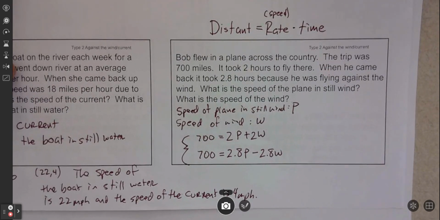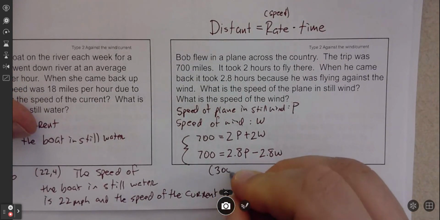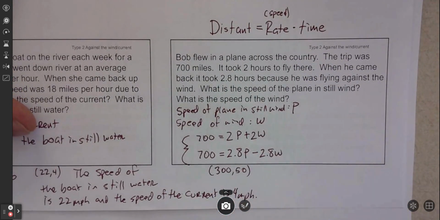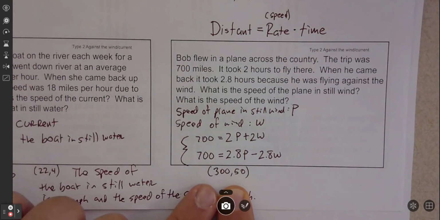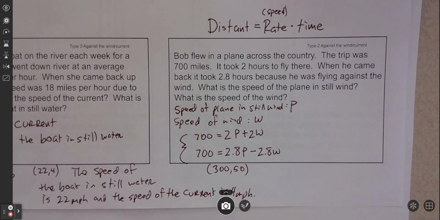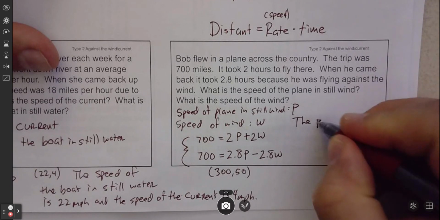We got 350. You knew that? You could do that in your head? Good. So 350. What has to be the plane? 300. Okay.